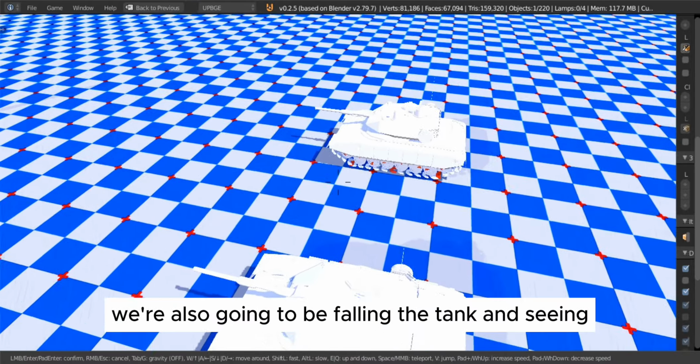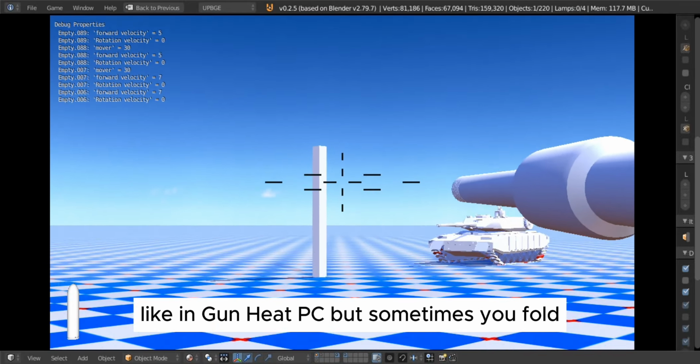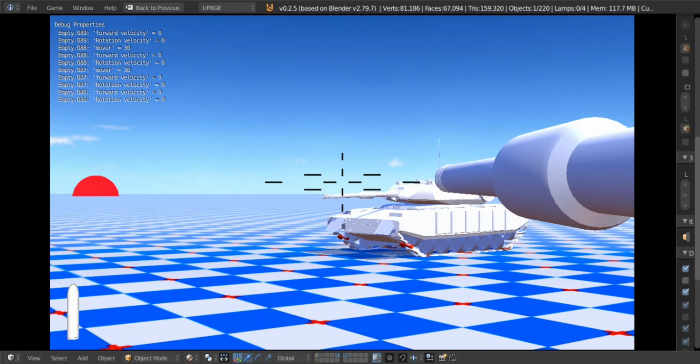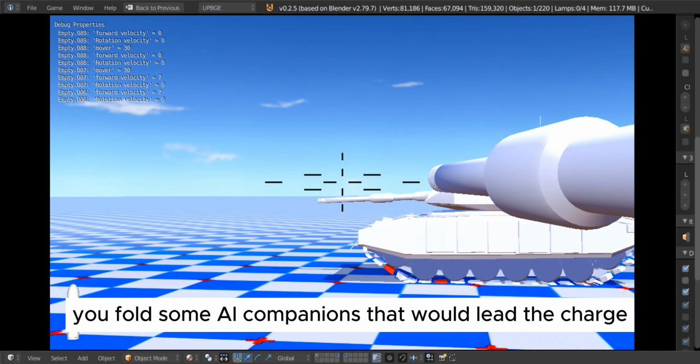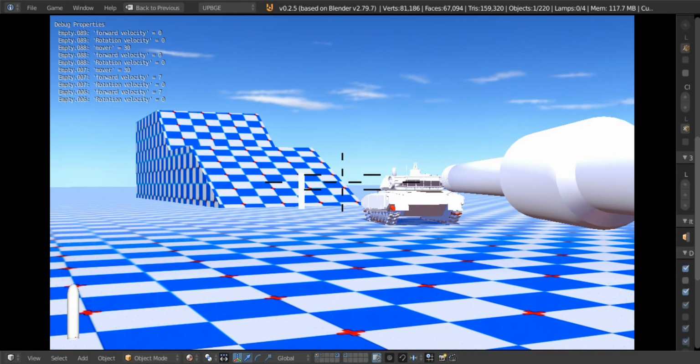You know, I got this idea from playing games like Battlefield and recently GHPC, and I was wondering what it would be like if the two were mixed. If you had Thunder Run mixed with GHPC, where you didn't always lead the charge like in GHPC, but sometimes you followed some AI companions that would lead the charge.